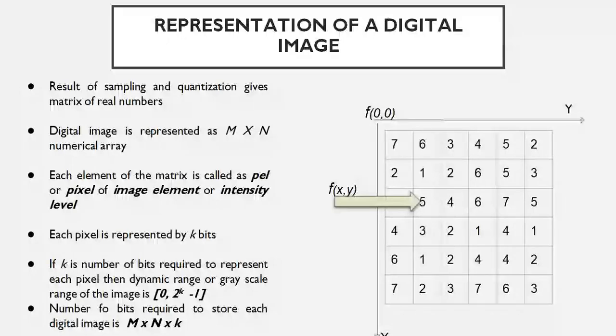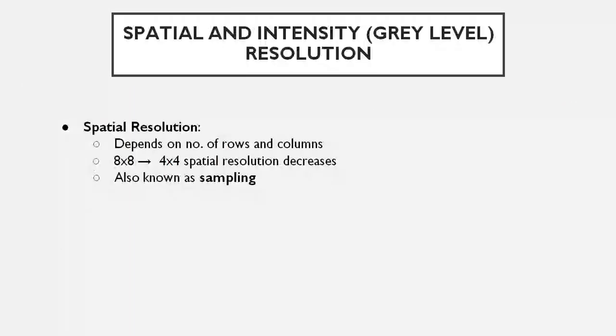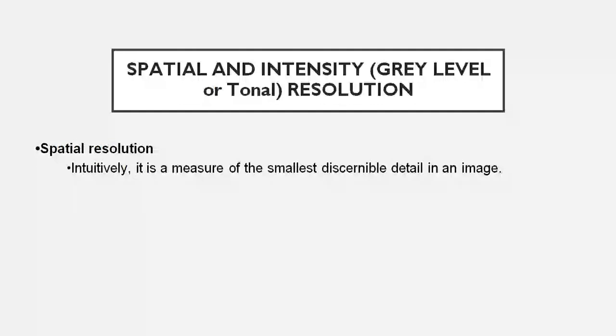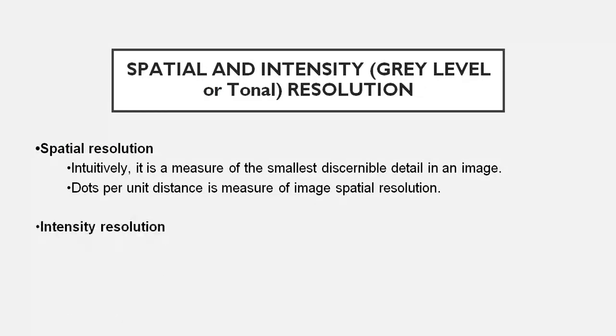So we have seen this earlier. What do we understand by spatial resolution, and what do we understand by intensity resolution or gray level resolution? We have also seen that spatial resolution, intuitively, is a measure of the smallest discernible detail in the image, and it depends upon the number of rows and number of columns, or total number of pixels, in the image.